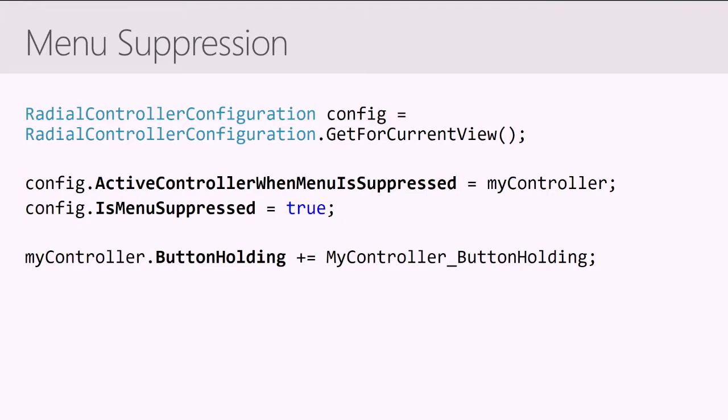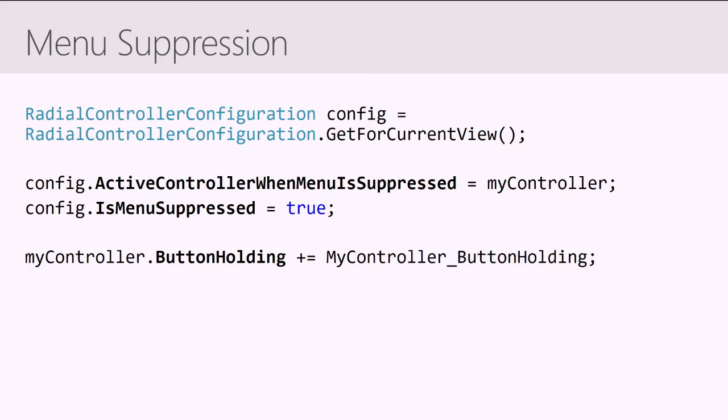From our radial controller configuration, which is the global object where we set all of our system tools, whether we want the zoom or the scroll or the volume tool, we can also now set two new properties. The first one is the active controller when the menu is suppressed, because inside of my application, I might have several instances of the radial controller for whatever reason.